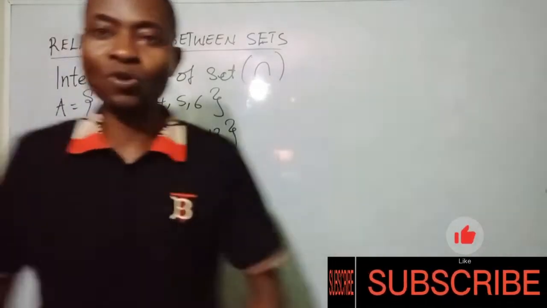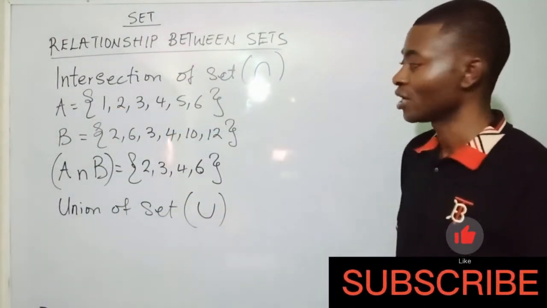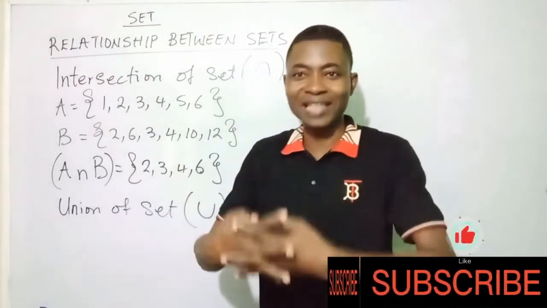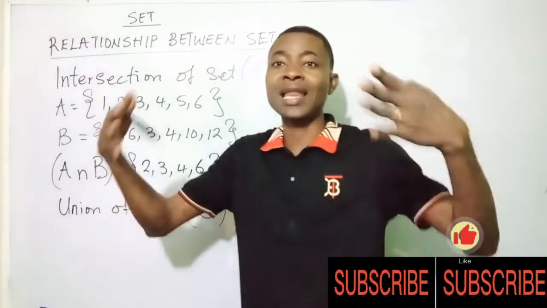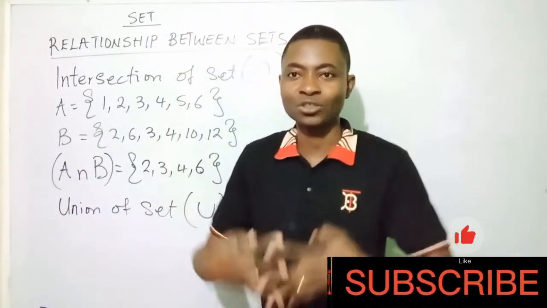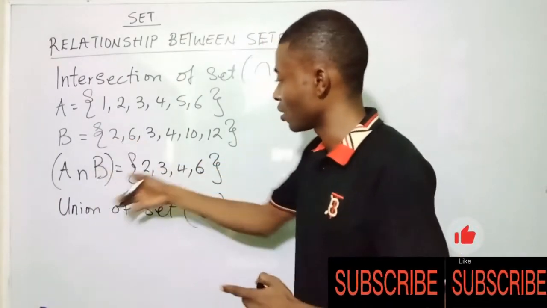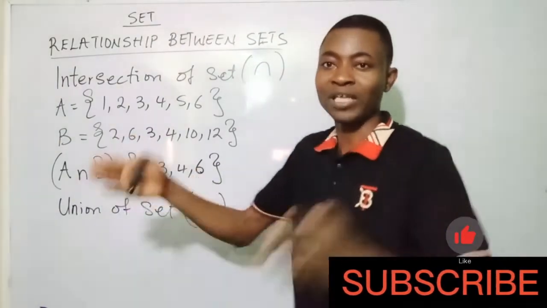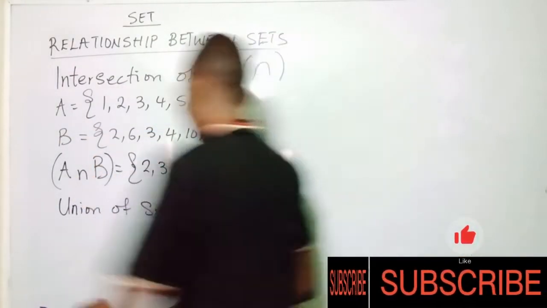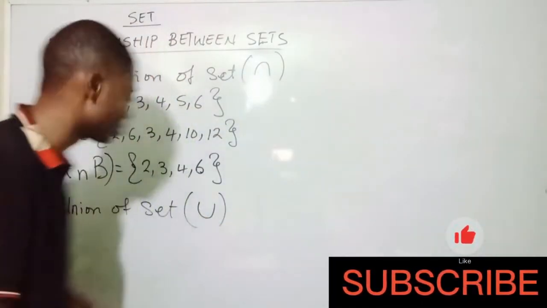I'm going to go back to the same sets A and B to explain what we mean by union of sets. Union means they are together: all the elements in set A and all the elements in set B listed together without repetition. Like in this case, we have 2 here and 2 here. You don't have to repeat it, say 2, 2. No, we just pick one. That is union. So union means the addition of the two sets.